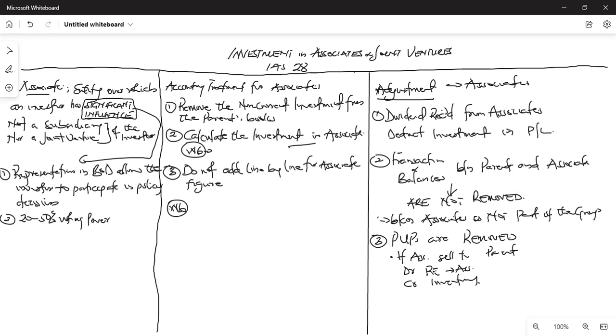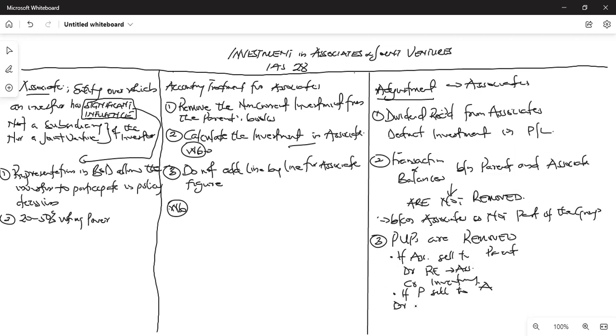However, if the parent is the one that sold to the associate, i.e., the associate is the one that bought it, what is going to happen is that if P sells to A, in that case, we are going to debit our cost of sales or retained earnings. Here, we don't do retained earnings for the associate.